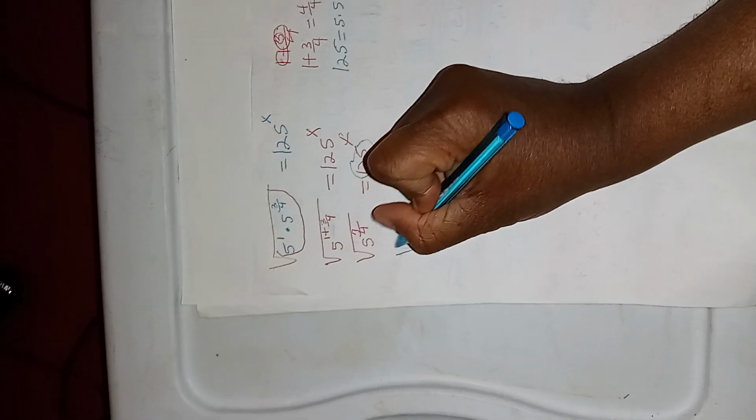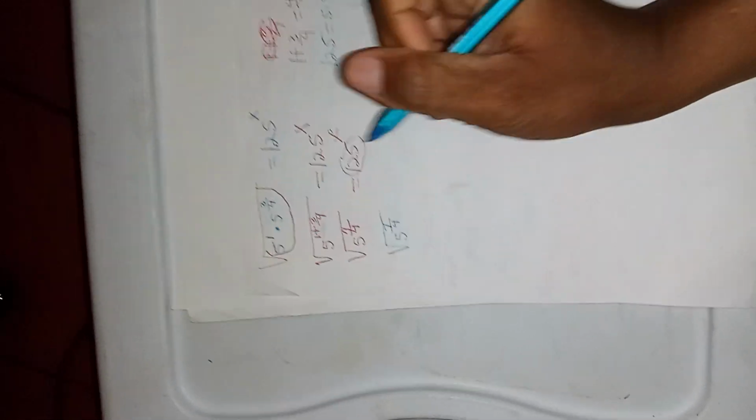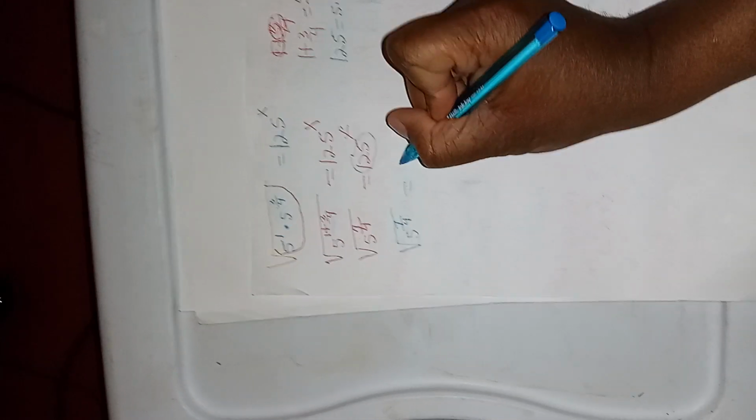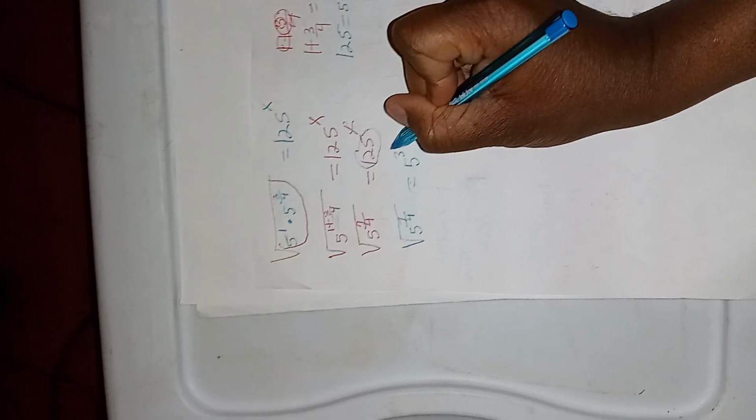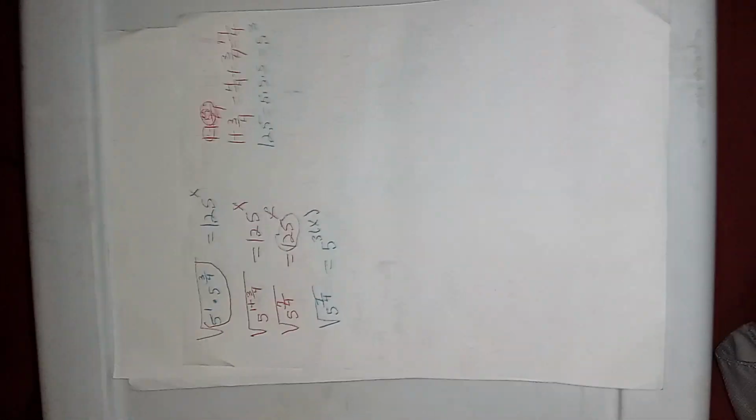So now we have the square root of 5 to the 7/4 power is equal to 5 to the power of 3, and then you already have another power of x there, so multiply by x. So let's have that marinate there for a second.